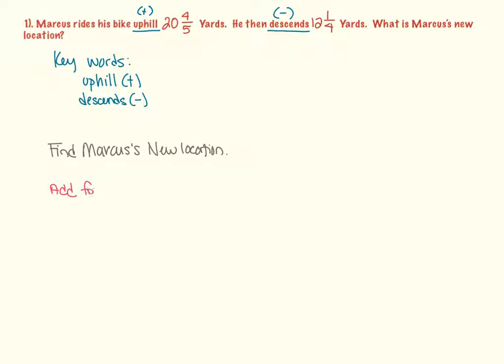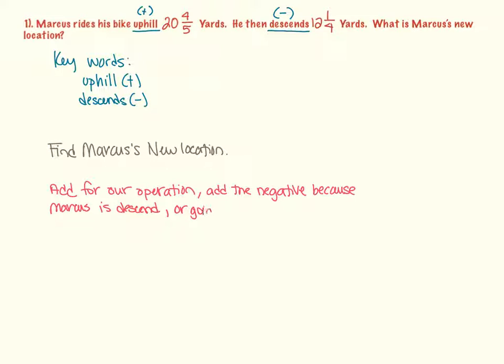So what we're going to do is add for our operation, but we're going to add a negative, because Marcus is descending, or going downhill, after he went uphill.